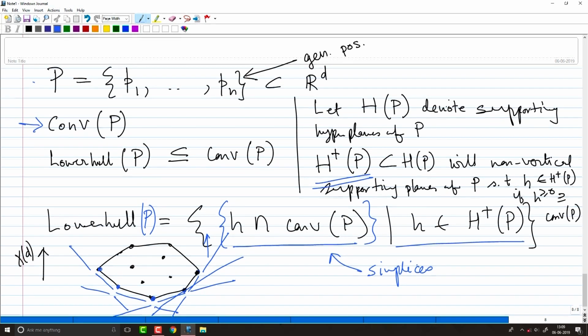Anyway, if I make a set with all the proper faces of the convex hull of P itself, it will be a simplicial complex. Lower hull of P will be a simplicial complex which is a subset of this simplicial complex that we get by taking all the proper faces of the convex hull of P. This is happening because the point set P is in general position. Okay.